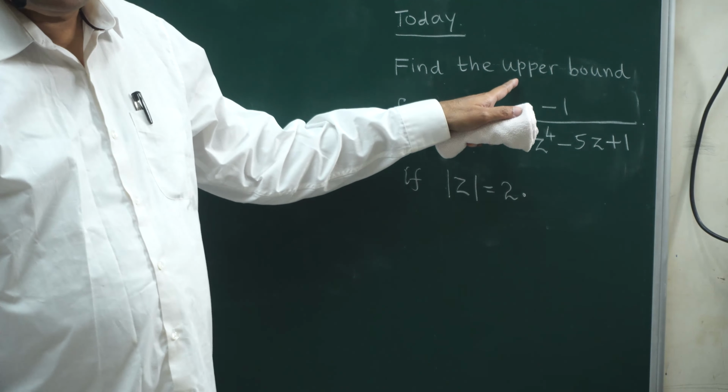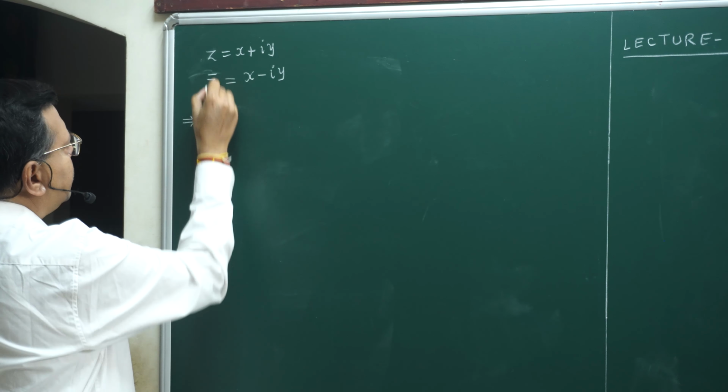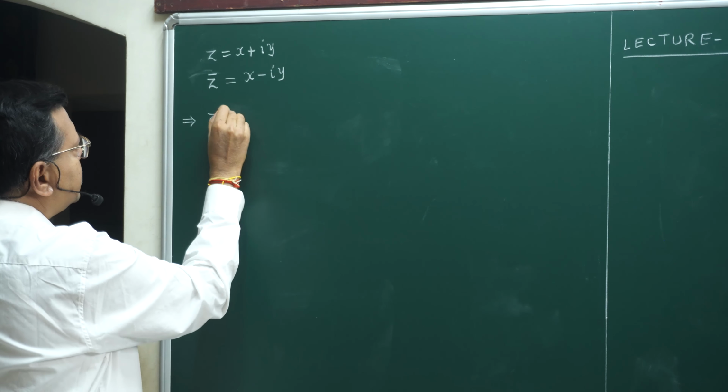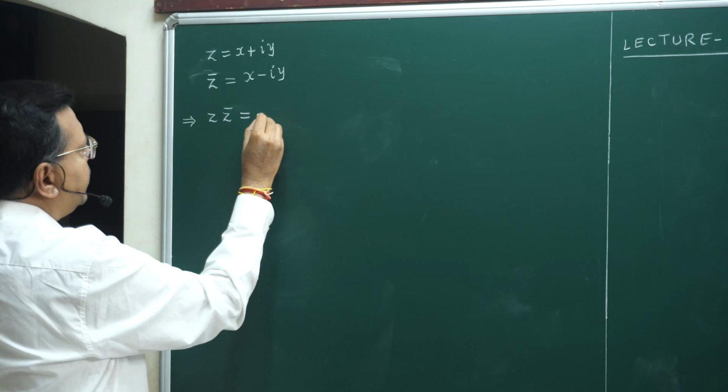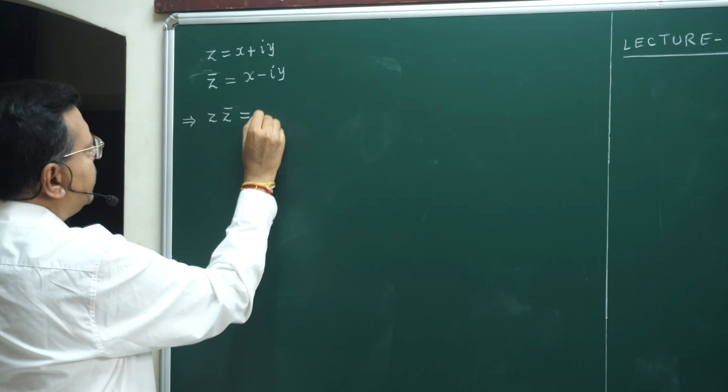If this is the situation, this clearly tells you that you can always multiply these two quantities, Z into Z star, and then let us simplify this. This becomes x square, then i square times y square, and that gives you x square plus y square. So this is what you have on one side of the calculation. Okay. So finally our conclusion is Z into Z bar is given by this quantity.